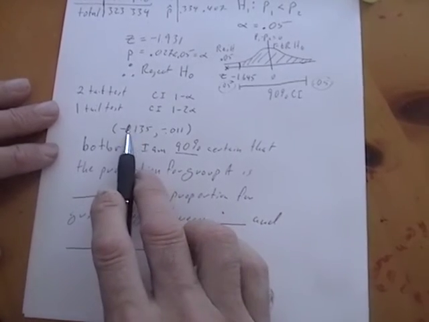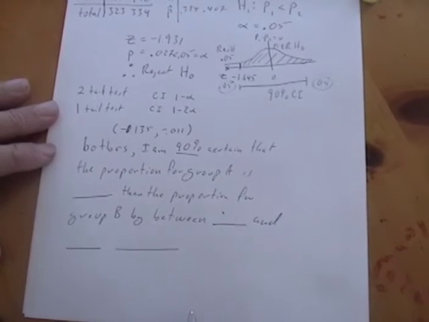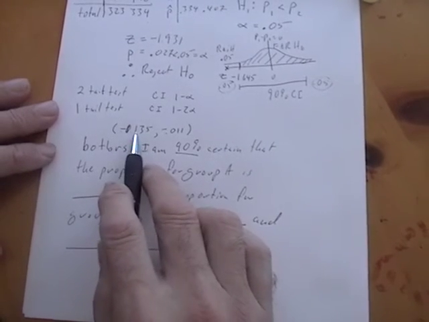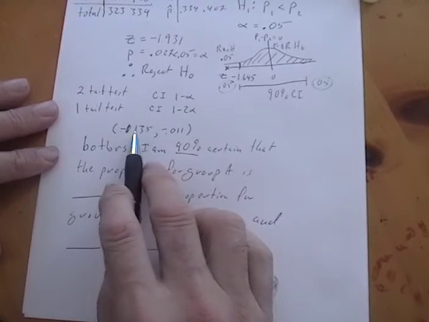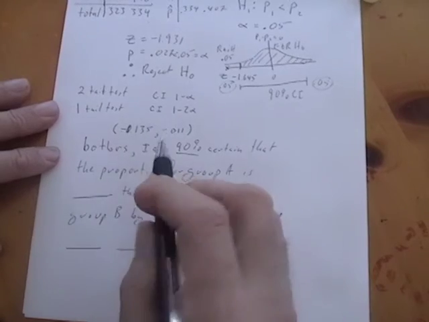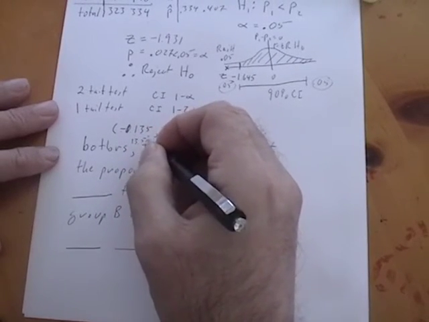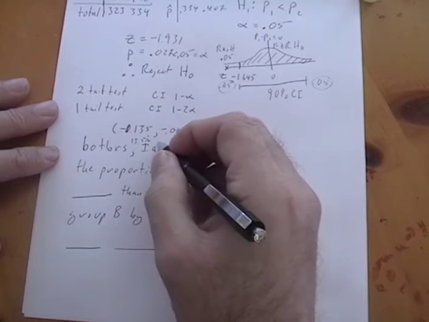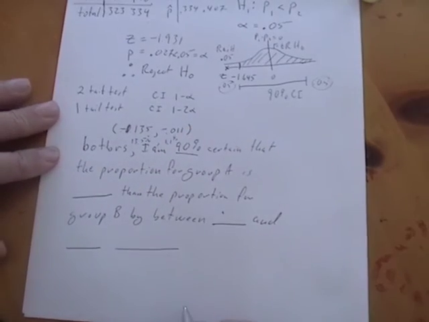I don't like putting negatives into plain English statements. So here I've got 0.135. I'd like to get rid of the negative. I'd like to turn it into a percent. So this is really on the order of 13.5%. This is of the order 1.1%.